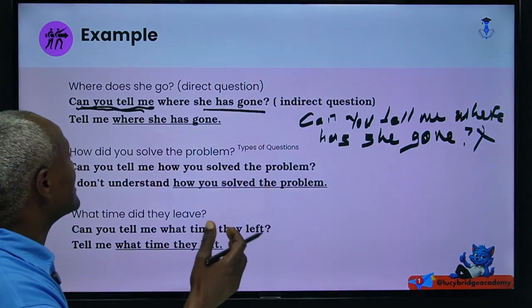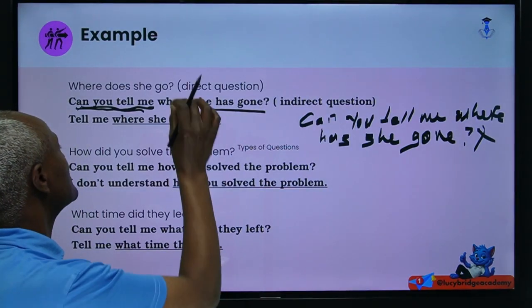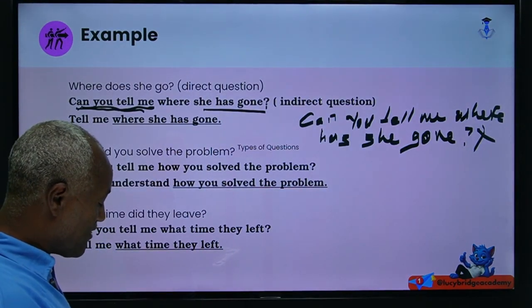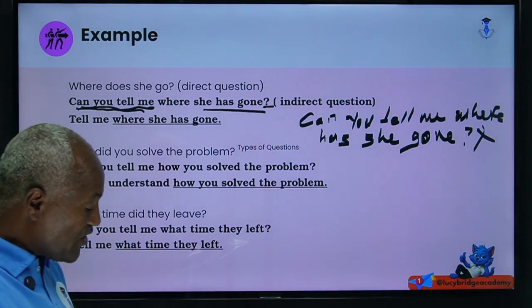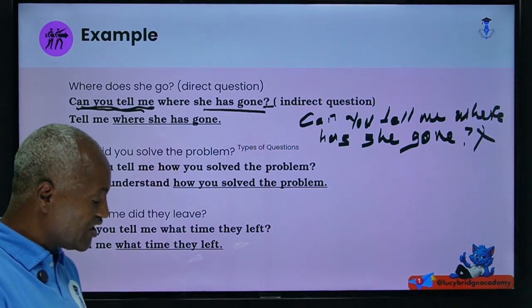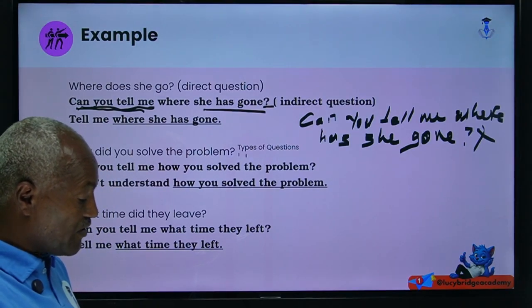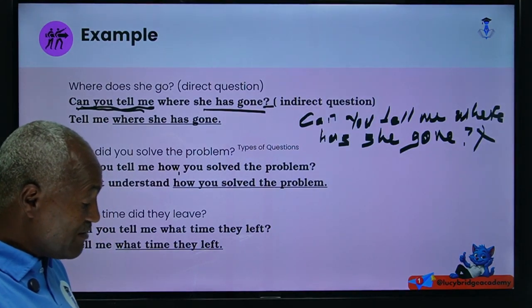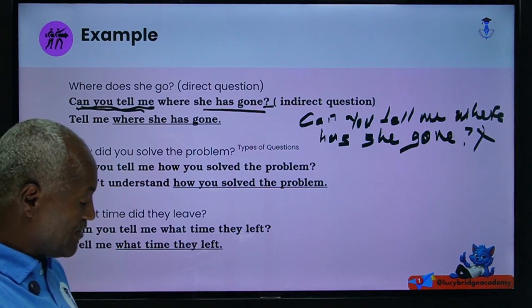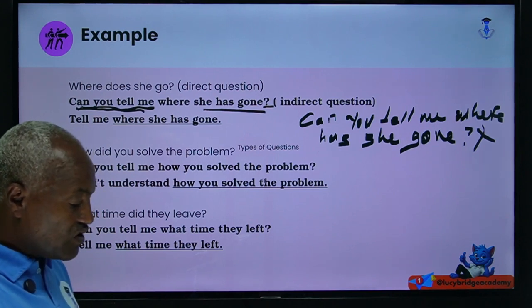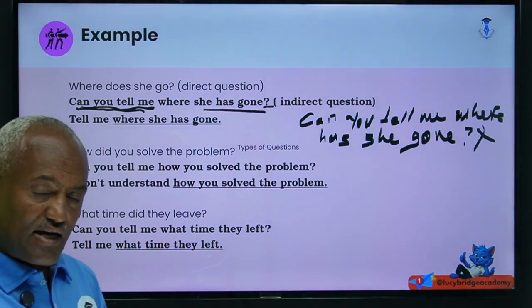A question sense. Because it carries a question sense, we end with a question mark. Don't forget this one. But when it doesn't carry a question sense, we end with a full stop. For instance, here, "How did you solve this problem?" This is a direct question. "Can you tell me how you solved the problem?" Question mark. "I don't understand how you solved the problem." Full stop.